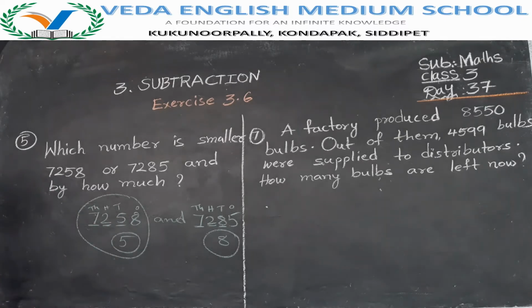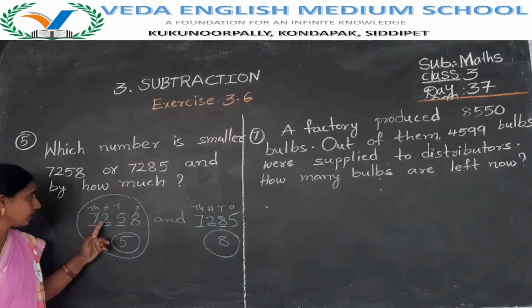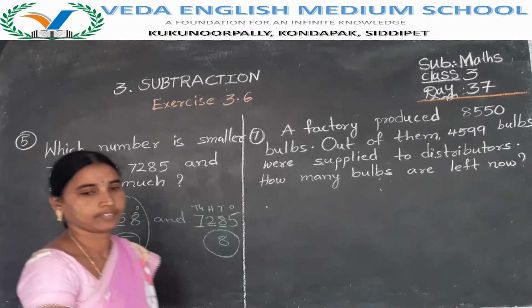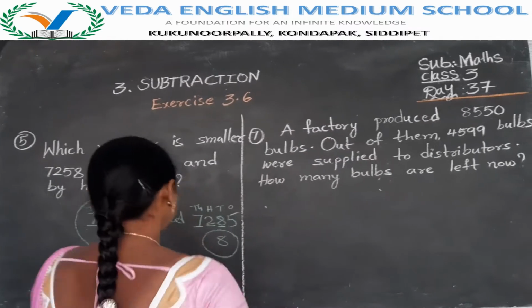The smaller number is 7258. Understood now? So now write the solution.